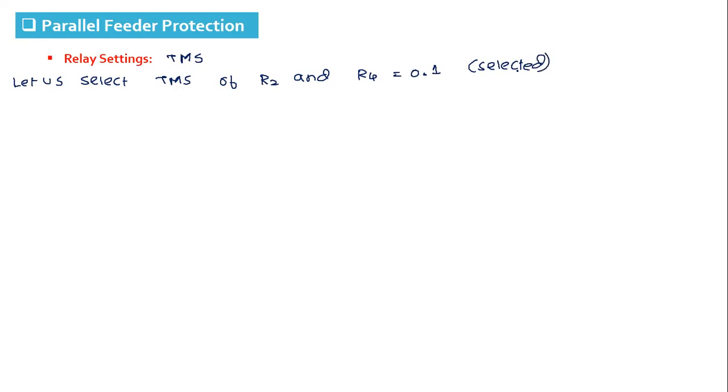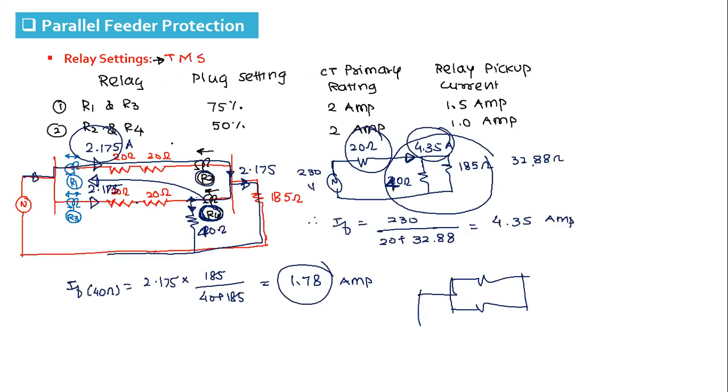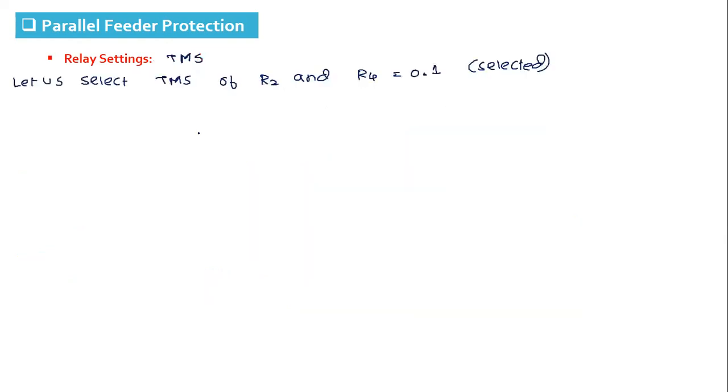Okay. Fine. Any doubt in this? Because R1 and R3 are the backup relays: R1 is the backup relay to R4, R3 is the backup relay to R2. So we can select the minimum time for these relays at the load side, that is 0.1.